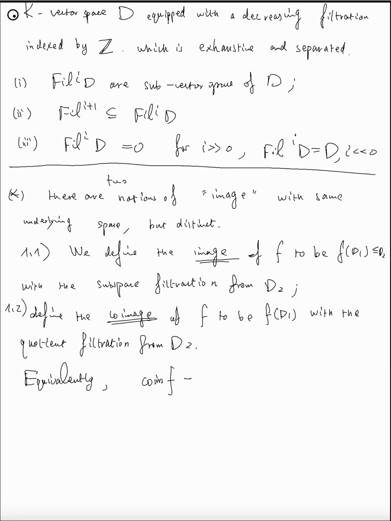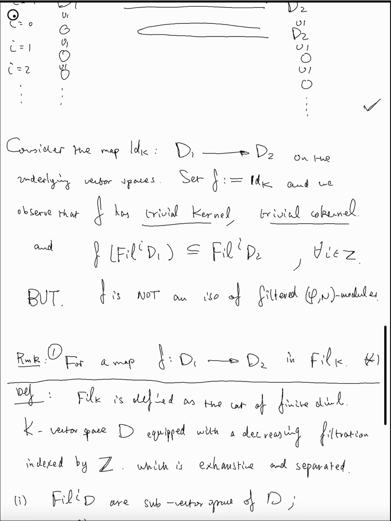But the filtration is defined differently, so here it gives a different filtered space structure with the quotient filtration. So we'll keep it f from D1 to D2.